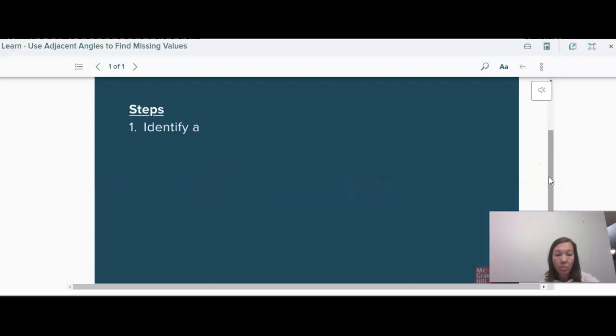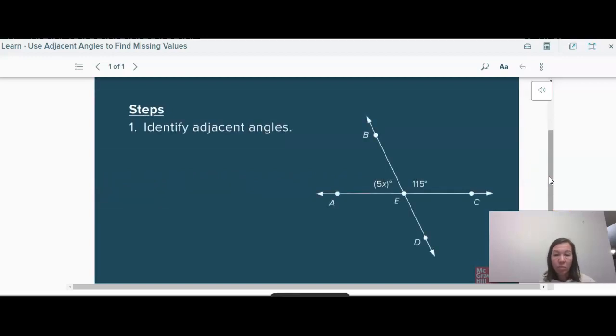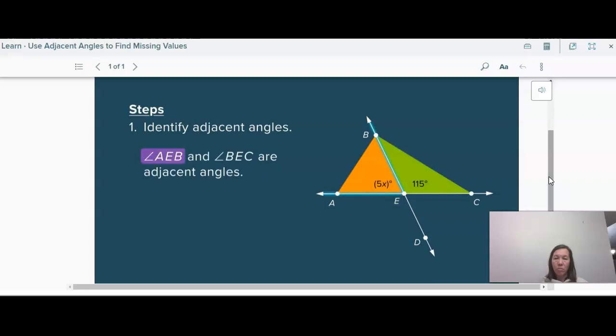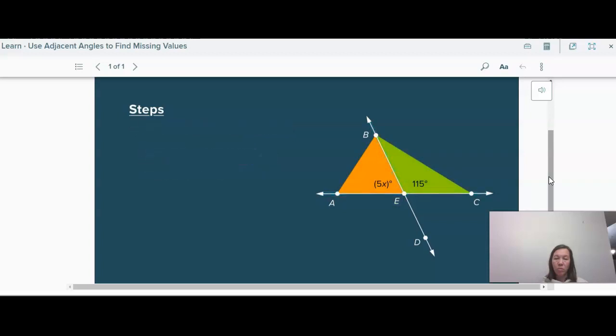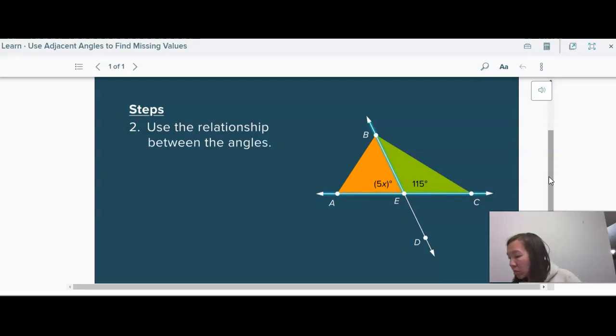You can use adjacent angles to find an unknown value. Adjacent angles have a common vertex and a common side. They also do not overlap. Angle AEB and angle BEC are adjacent angles. If two adjacent angles form a straight angle, then the sum of their measures is 180 degrees. Angle AEB and angle BEC form a straight angle.